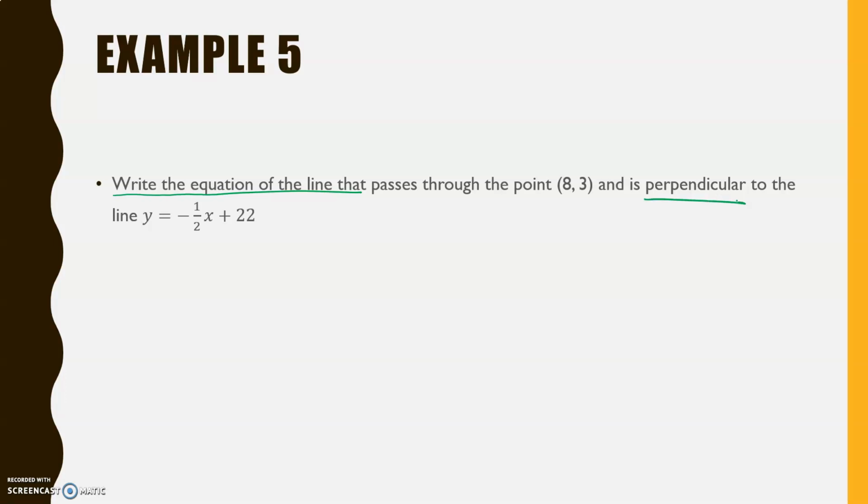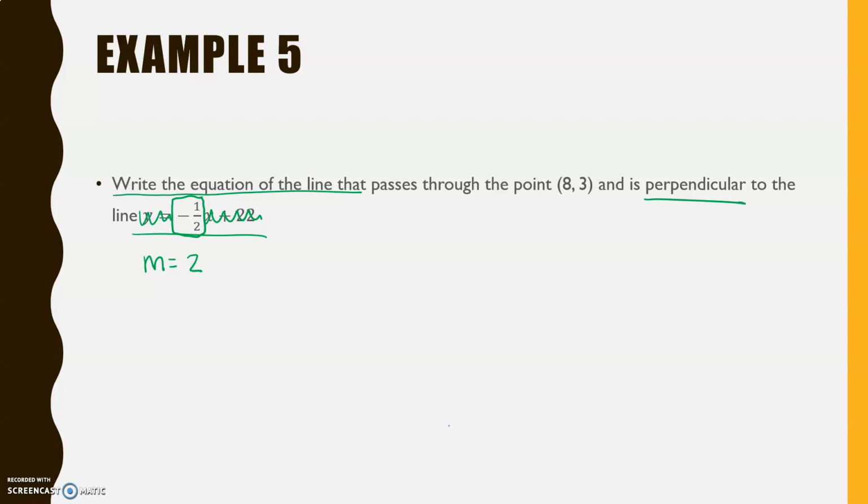I know that it's perpendicular to this, but I don't care about the rest of this, I care about the slope. So my slope is perpendicular to -1/2, so I'm going to make it positive and flip that fraction, so it's going to be 2.